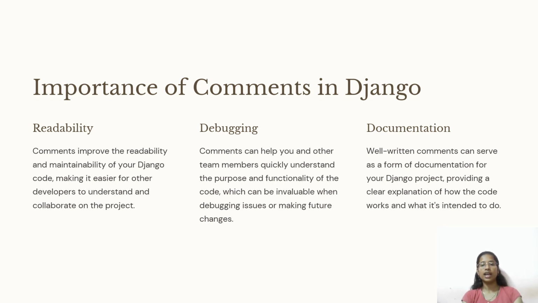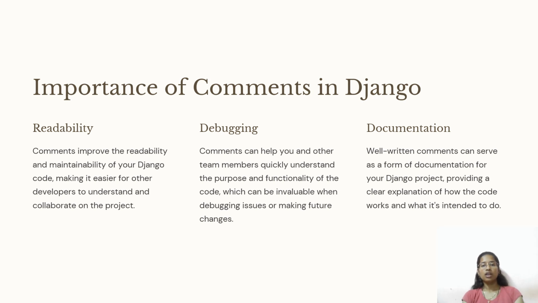Comments can help you and other team members quickly understand the purpose and functionality of the code, which can be invaluable when debugging issues or making future changes. And the last is documentation. Well written comments can serve as a form of documentation for your Django project, providing a clear explanation of how the code works and what it's intended to do.